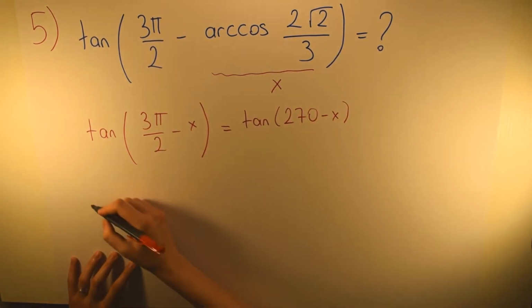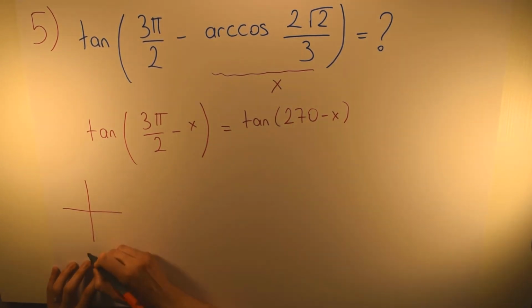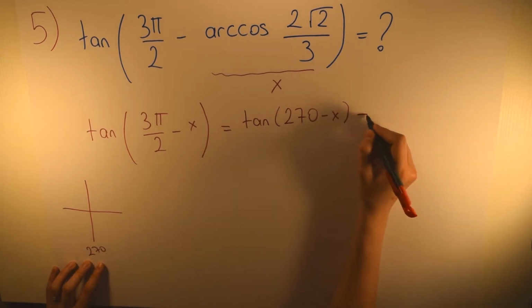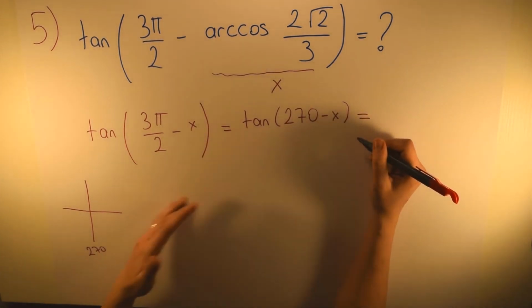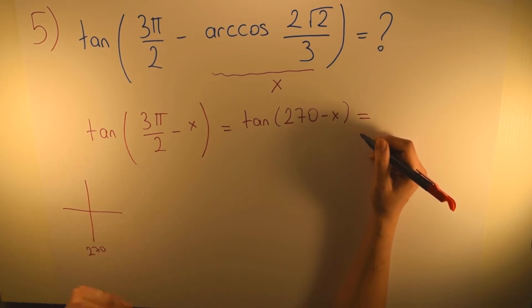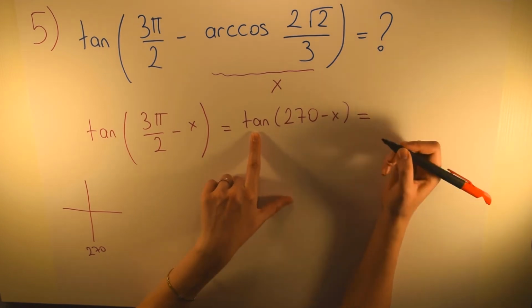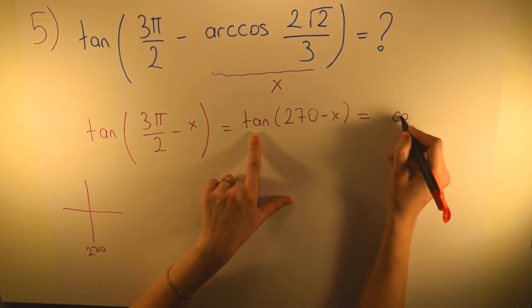So when I draw my unit circle here, 270, it's here, right? So when I want to rewrite this one, I know that on this line our function name changes. So as you can see here, we have tangent, it will become cotangent, our first step.